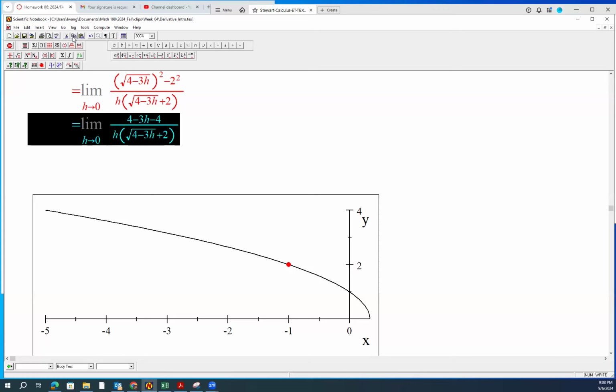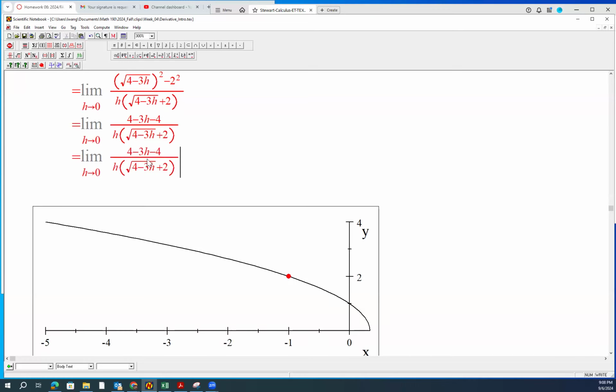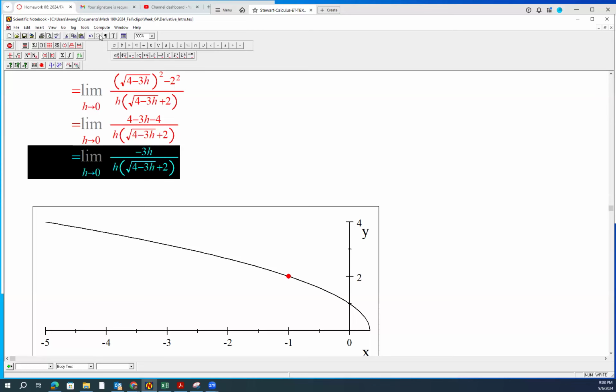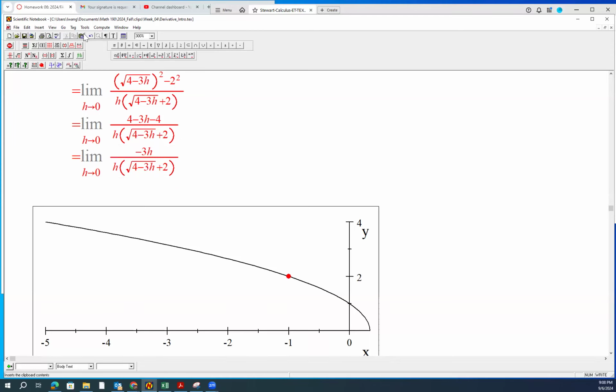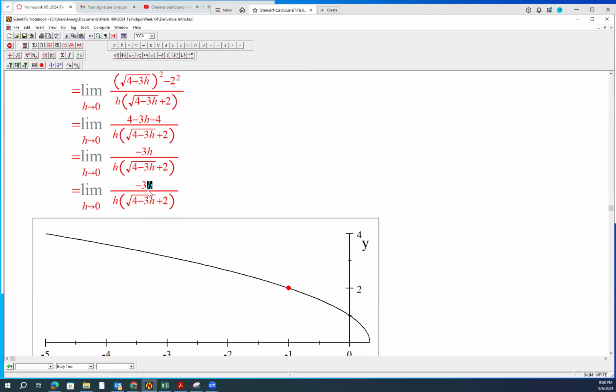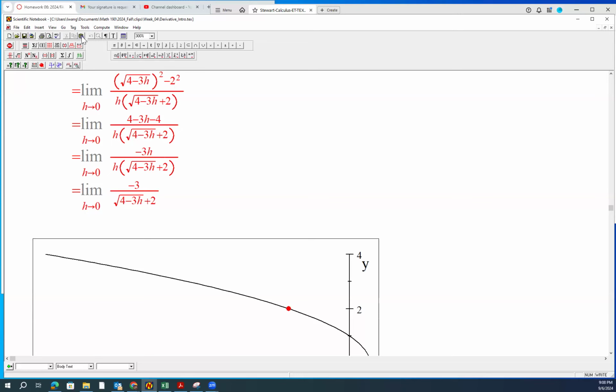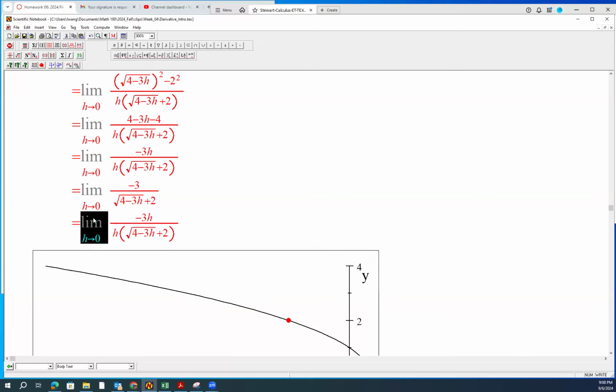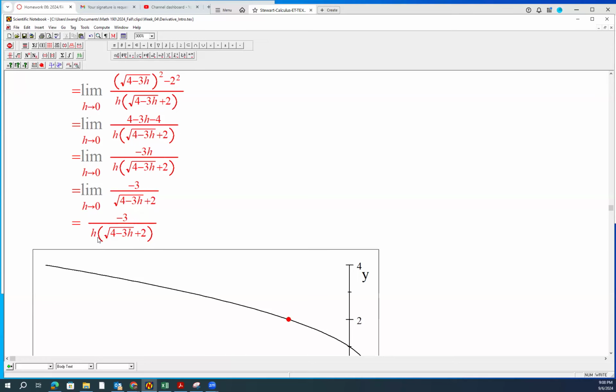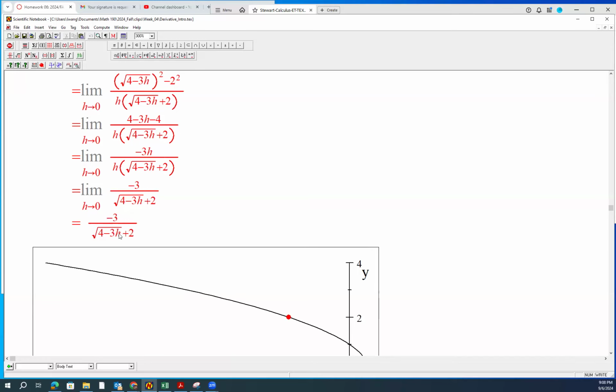The next step, we have negative 3h on top. h and h reduce. You could write fewer steps than I do. Now we no longer need this parentheses, and we can directly substitute: remove the limit sign and just replace h by 0.